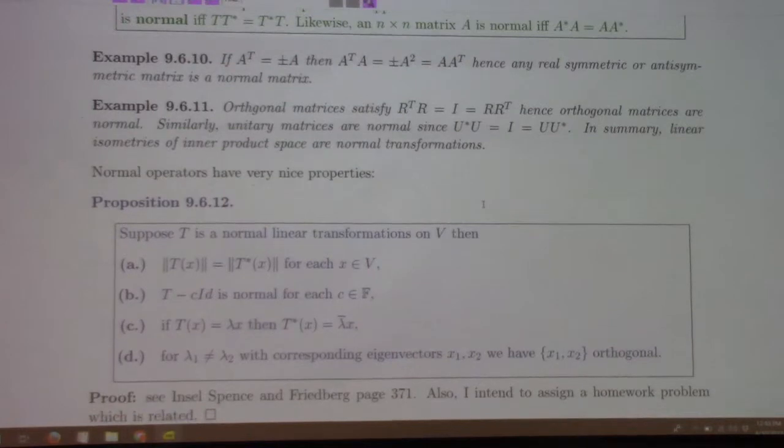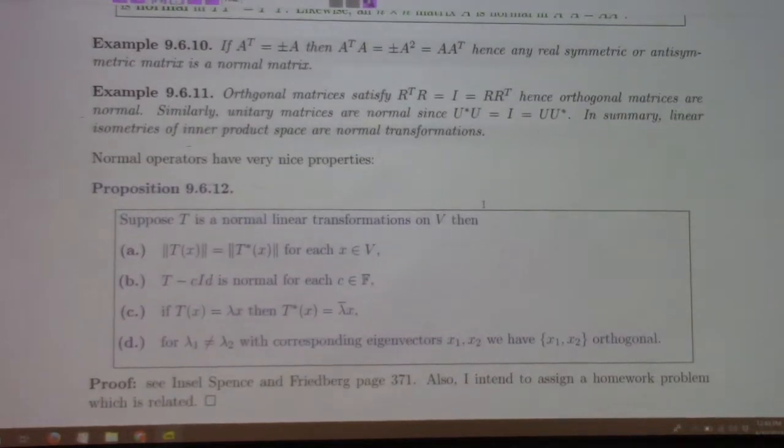And here are the properties of normal matrices. So they preserve the length of vectors. If you subtract off a scalar multiple of identity, it maintains the normality of your transformation.